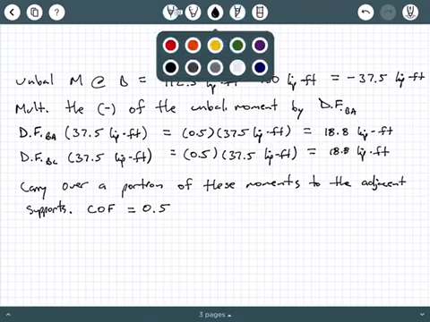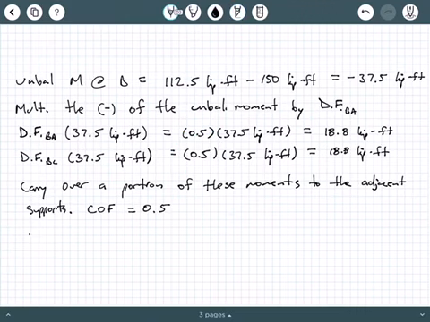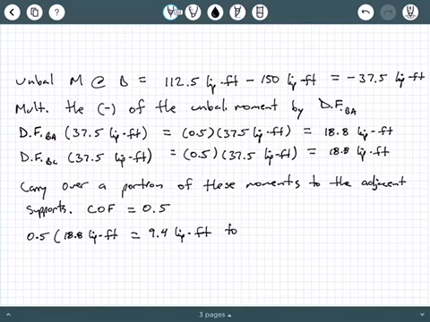So here's what we're going to do. We're going to say 0.5 times 18.8 kip feet is equal to 9.4 kip feet to carry over to A. And then, so this, let's use different colors.